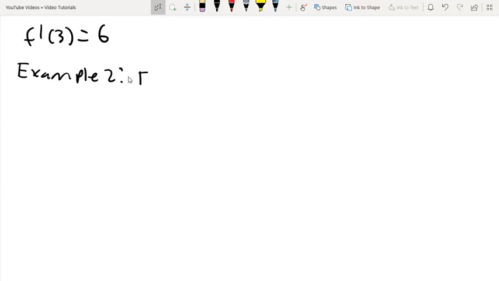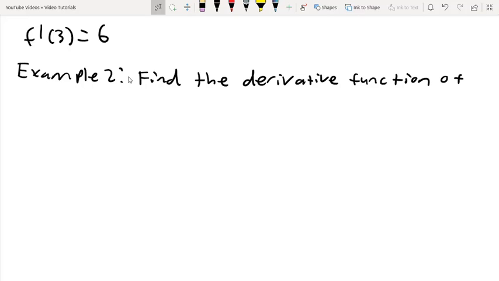So let's say find the derivative function of f of x equals x squared minus 3x plus 4.